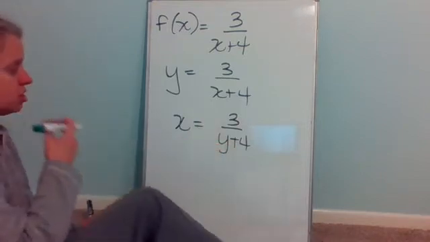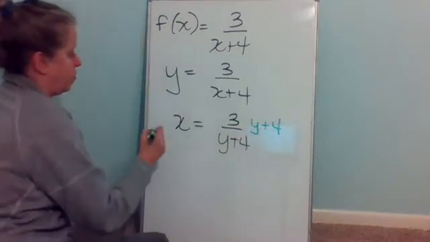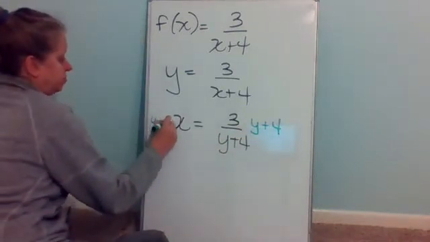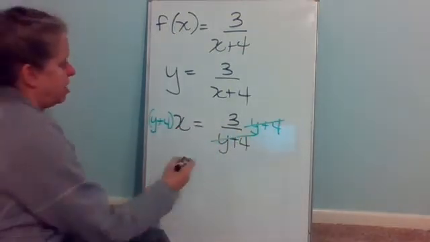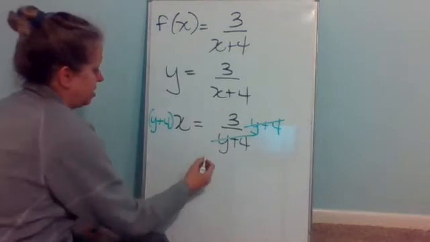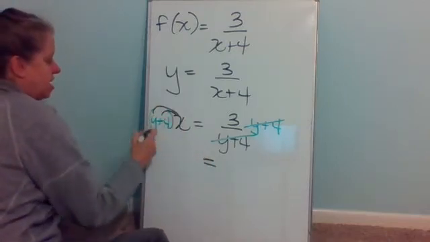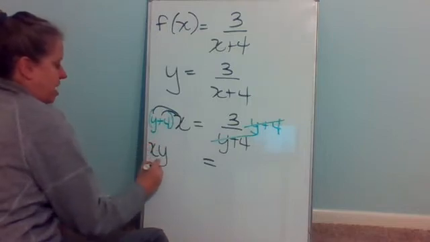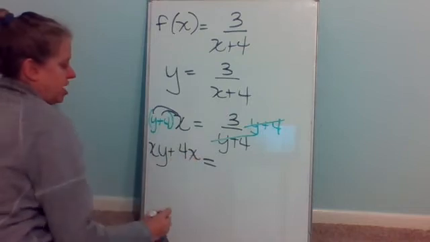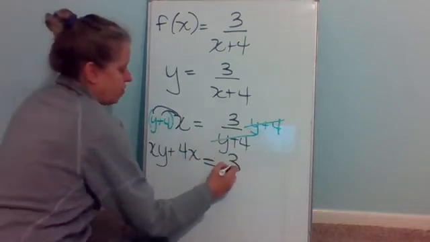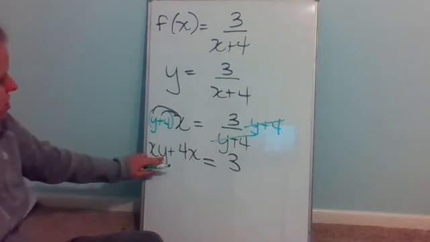So the first thing you're going to do is multiply both sides by that denominator, which is that y plus 4, because that'll cancel that. Okay, and what it does is on the other side, when I distribute this x, I'll have x times y, which gives me xy, plus 4 times x, which is 4x, equals, over here I just have a 3. So now here's the y that I'm trying to solve for.